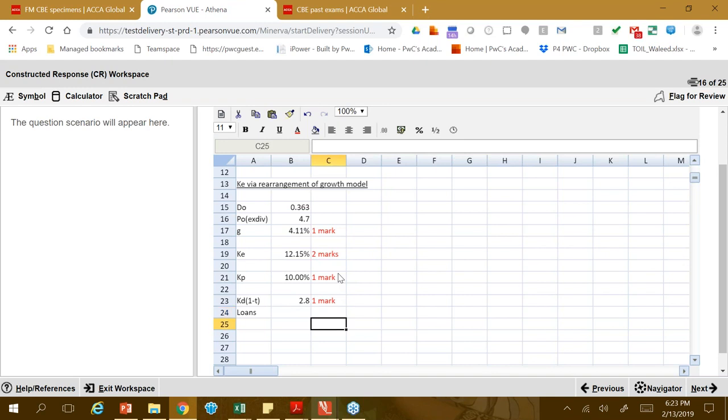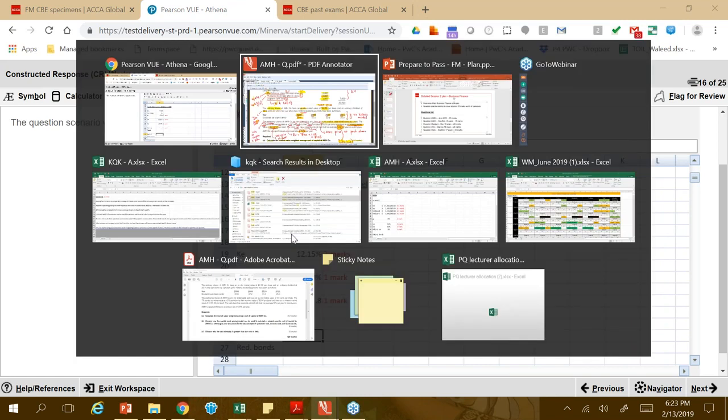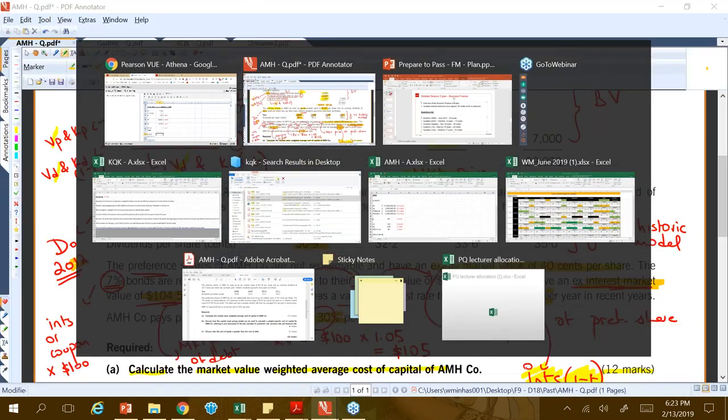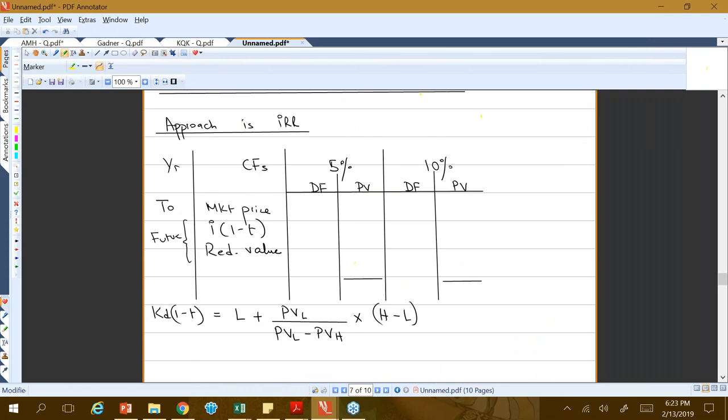Now we have got here all the costs. The only cost left is the KD, 1 minus the T, of the redeemable bonds, the redeemable debt. Now we will need to go back to this calculation where we're going to work out the structure. So I want all focus now to go on the structure where we're going to put 3 things: market price, interest, and the redemption value.